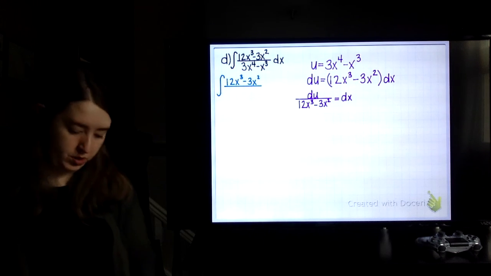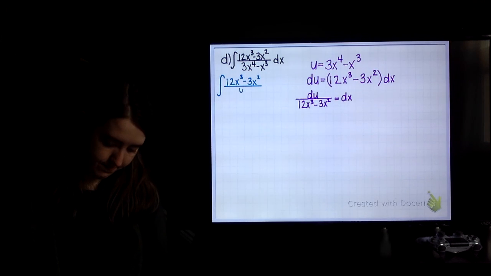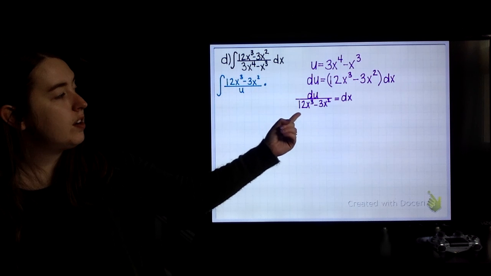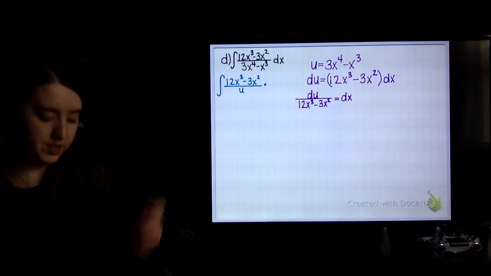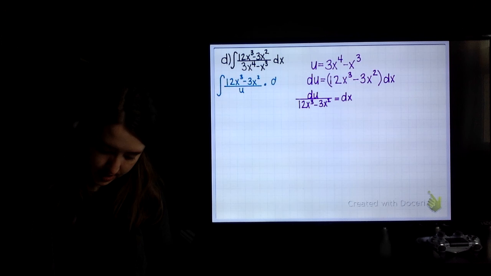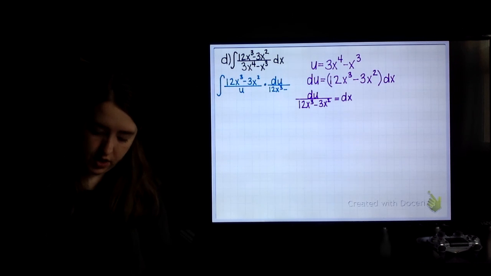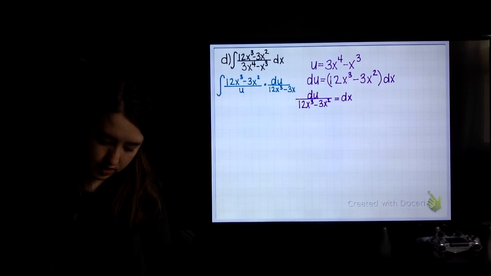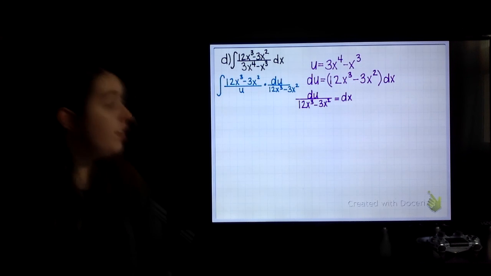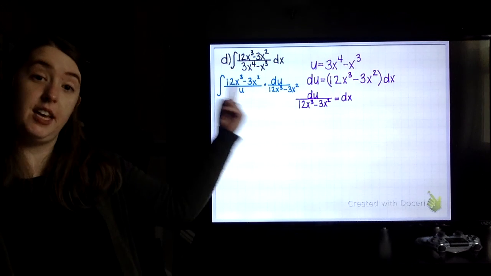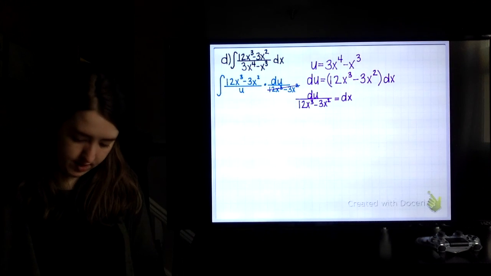So I'm going to replace u in there. Times, and then dx is equal to du over 12x cubed minus 3x squared. So I have du over 12x cubed minus 3x squared. So this piece and this piece, those are the same, so they will divide away and cancel out.